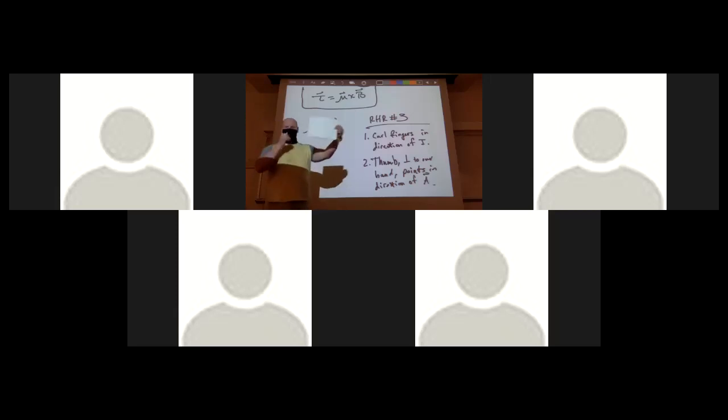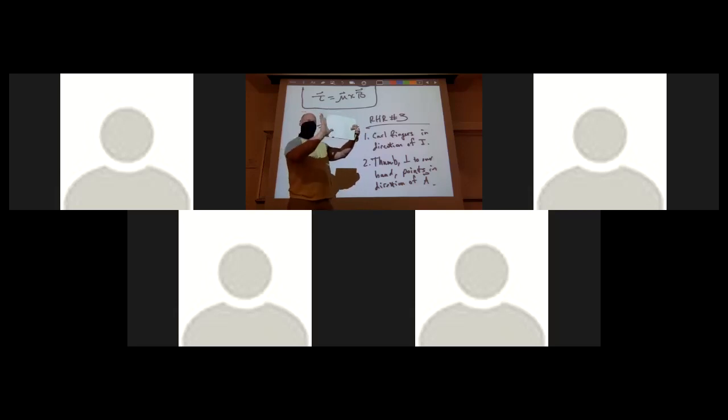So what does that mean? That means if this was my loop of wire and I have current, say, running around it in this direction, so for you that would be in the clockwise direction, what you would do then is you would take your right hand or left hand? Right hand, good. And you would curl your fingers in the direction of the current. So in this case, my hand's curling that way. That's the opposite direction because I said it was going clockwise.